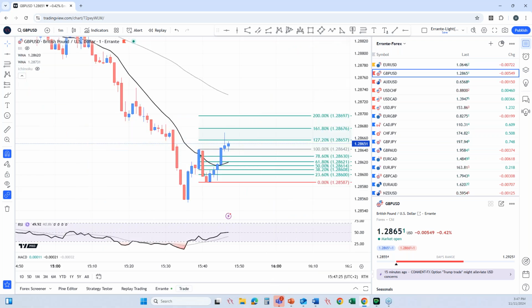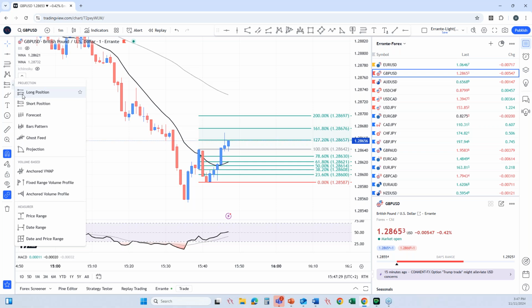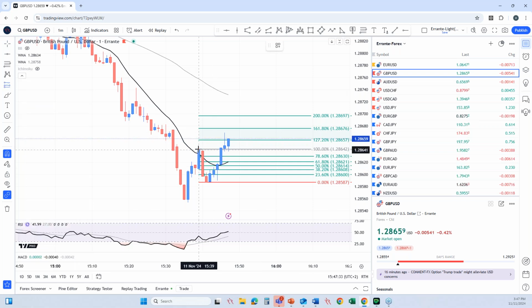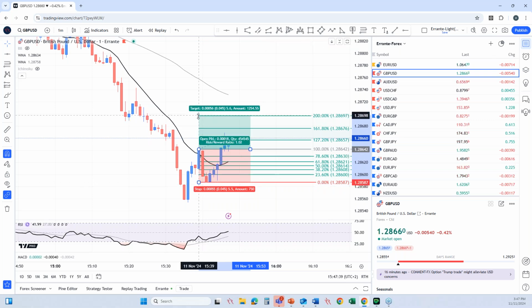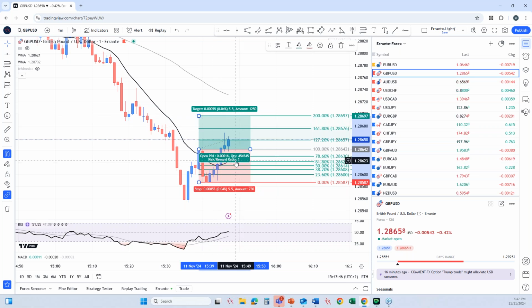However, the box I was introducing was this, the long position and short position. For example, here for this long position, I can set my entry here, it shows my stop loss here, and it shows my TP here. And this is the risk reward ratio here. So easily I can see how much I'm going to risk.